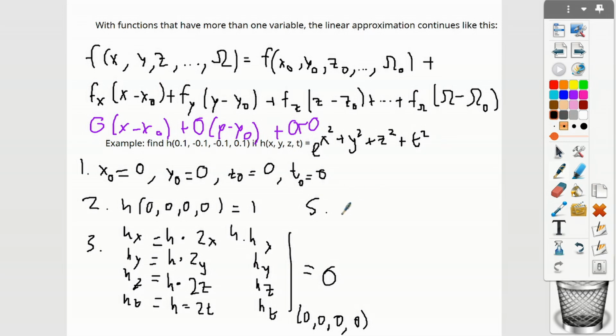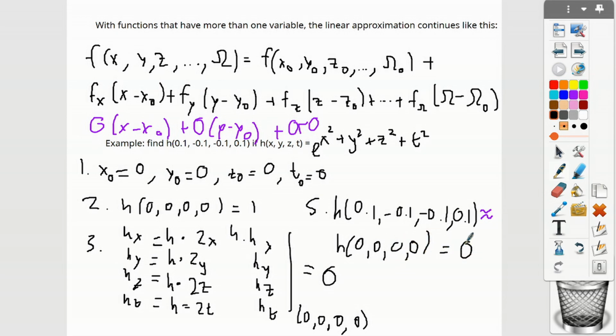So we say that h of 0, 0, 0, 0 is equal to, or no, not equal to, approximately equal, I'm sorry, 0.1, negative 0.1, negative 0.1, and 0.1 is approximately equal to h of 0, 0, 0, 0, which is 1, I'm sorry. So that is the correct answer in this case.